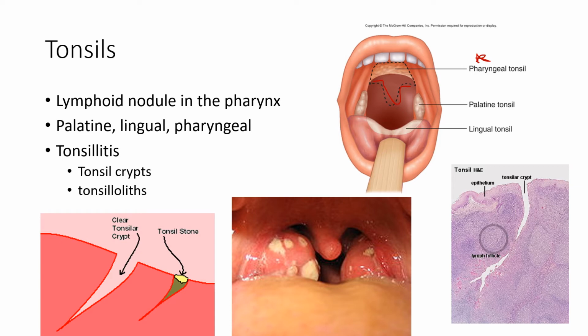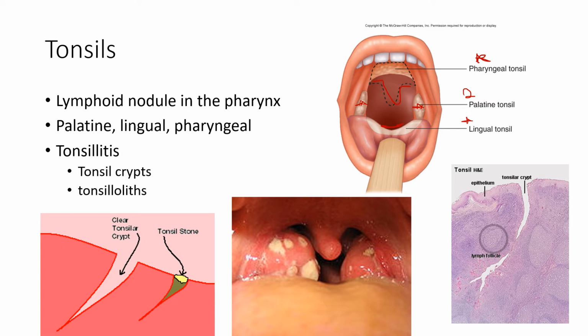If we remove that, we would see this tonsil up here. You have two palatine tonsils, which are going to be to the sides of your mouth and throat, and then the lingual tonsil is going to be at the very back of the tongue.